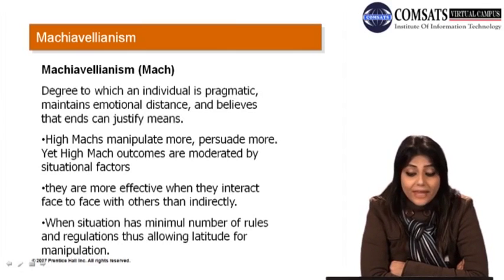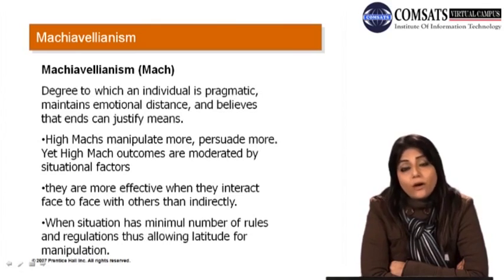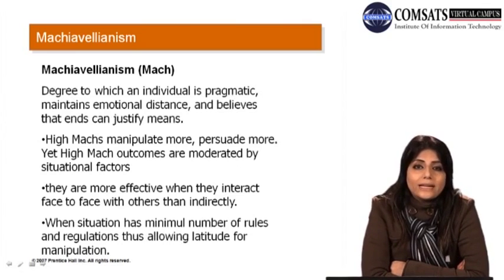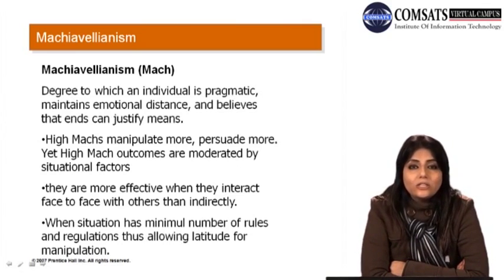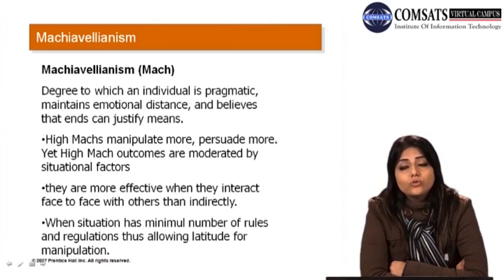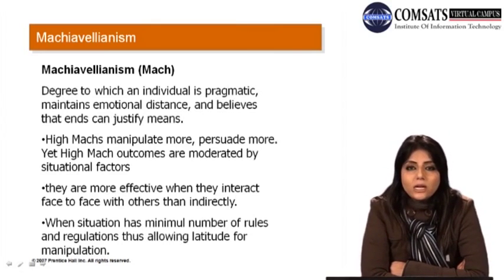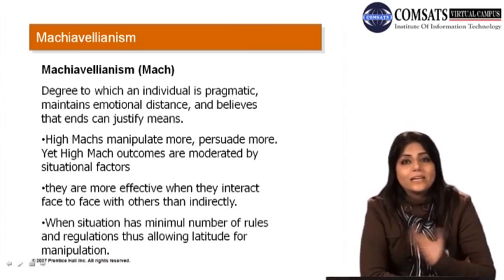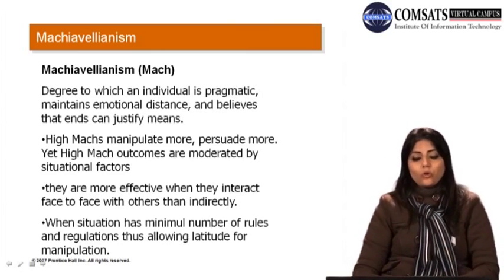Then they can exercise their own latitude of manipulation. So they can manipulate more under situations wherein the rules and policies are not that tight and there are fewer controls, right? In those situations, these individuals can manipulate more, they can persuade more, and thus they can get more benefits and perform better compared to the low Machs.